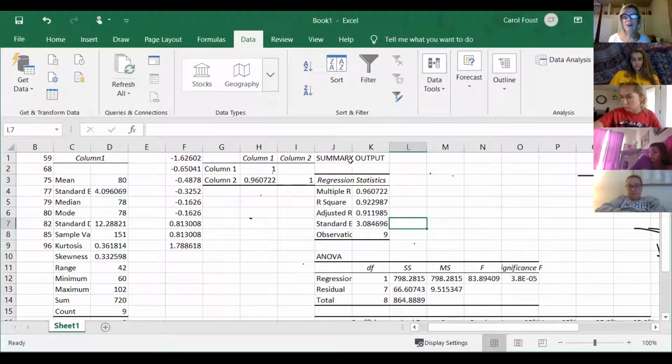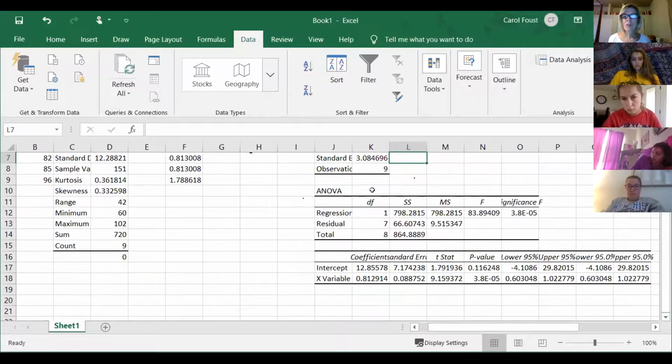So the summary output for the regression, we already knew that it had a correlation of 0.96. But then we can drop down and tell, is that a significant correlation? Remember when it says e to the negative 5, that means you take your decimal point and move it 5 spaces.